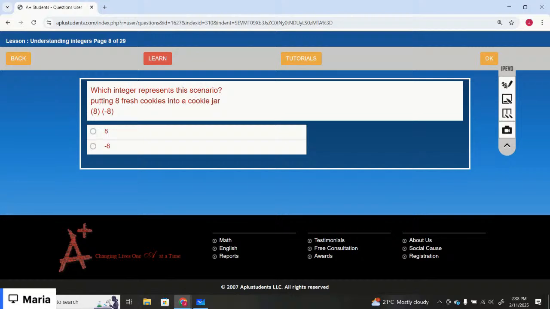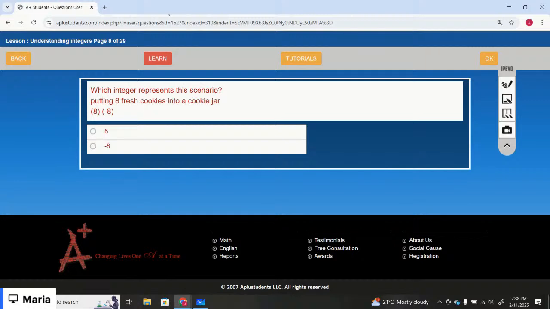Putting 8 fresh cookies into a jar. That is adding.